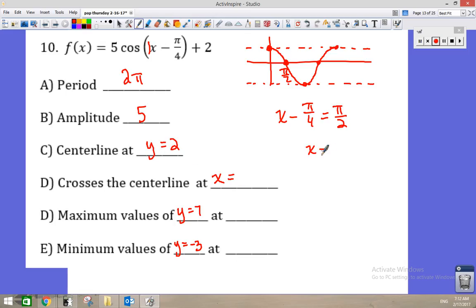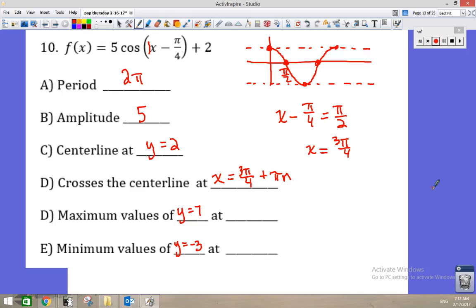So if we solve this for x, we've got 3 pi over 4, and you're at the center line. If the cycle has a length, a period, of 2 pi, then half of that is just pi. Any integer multiple of pi will just get you at the next center line.